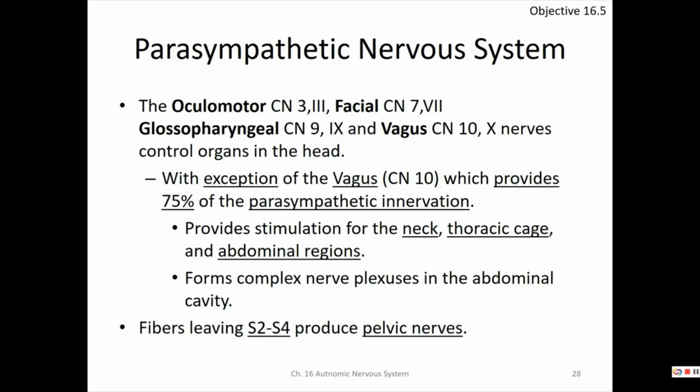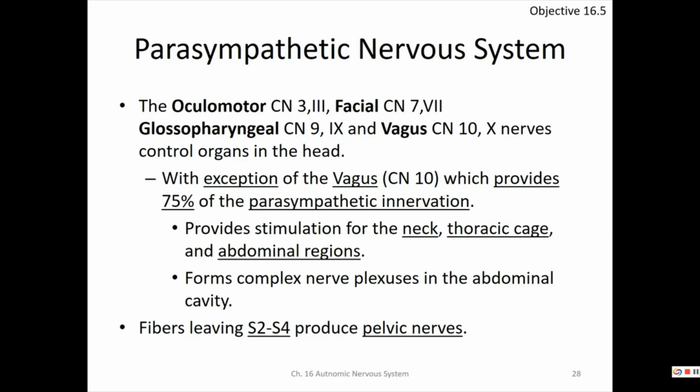Glossopharyngeal controls some of the things in your throat, like tightening up your throat. But vagus is mostly down below, 75%, and it does the neck, thoracic cage, chest, and abdomen. He is huge. Vagus is extremely important, okay?